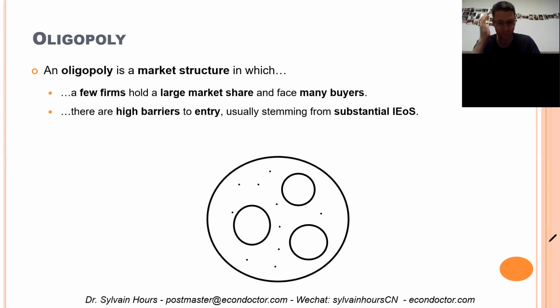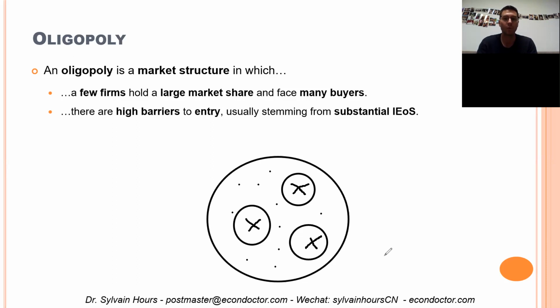Because when you define an oligopoly, what really matters is not how many firms we have in total. It's about how the total market share is divided between these firms. If you add the market share of this firm, this one, and this one, you will have the majority of the market share, perhaps 80% or 90%.